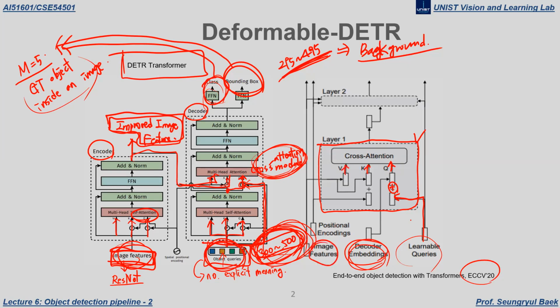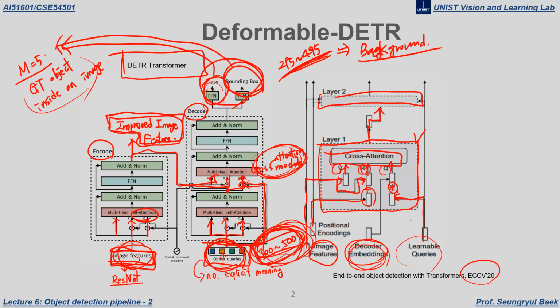This is the improved image feature, and they are inputted here. For the key, the positional encoding is added, and they become the value, key, and query for the cross-attention module. This is further used in later operations, and eventually they predict the bounding box and class, okay?